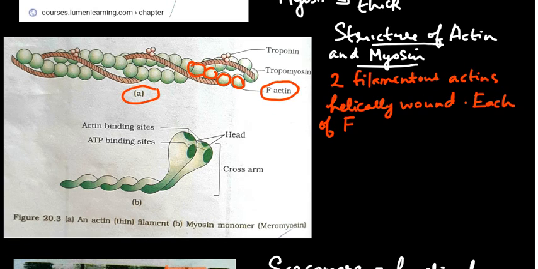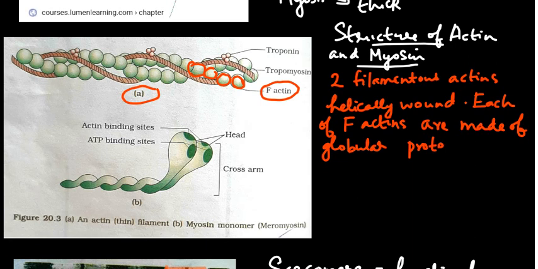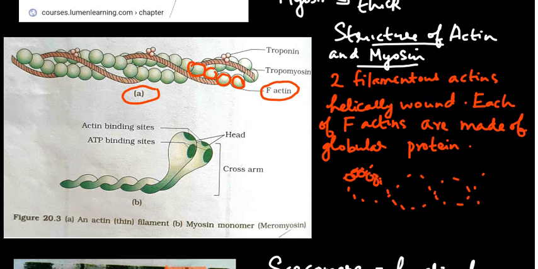So each of the F actins are made of globular protein. So they are helically arranged and they are made from globular proteins.